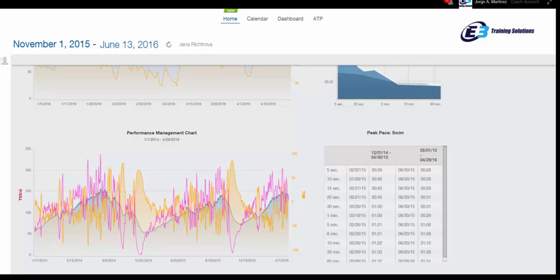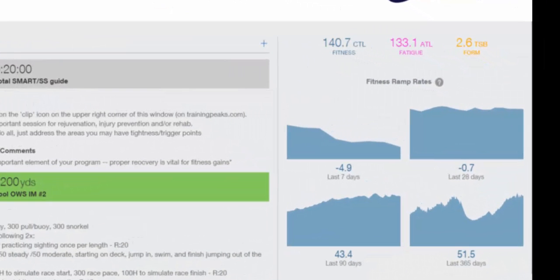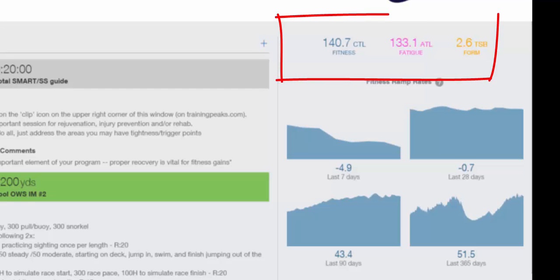So if you go back to your home page, here it gives you a summary of what we were looking at on that performance management chart. It tells you that today, for Yana, she has 140.7 CTL points, fitness, which is all the training stress score points accumulated divided by 42 days.